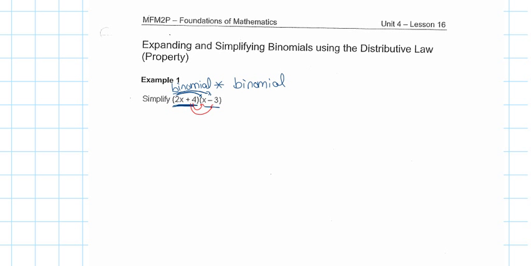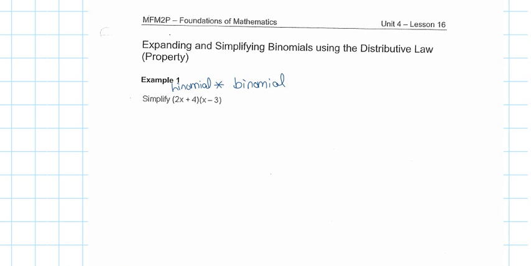Then I will do the second term of the first bracket, multiply it by both the terms inside the bracket. So let's see what happens. Okay? I'm going to try to color code it for you guys. So here's what's going to happen. So first I'm going to multiply. It just doesn't like me sometimes.